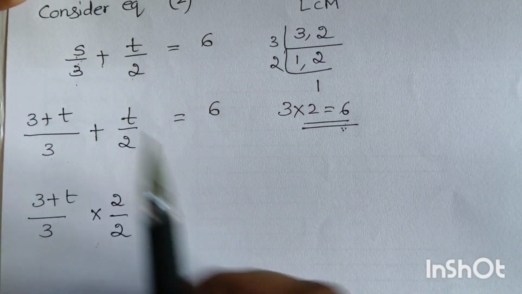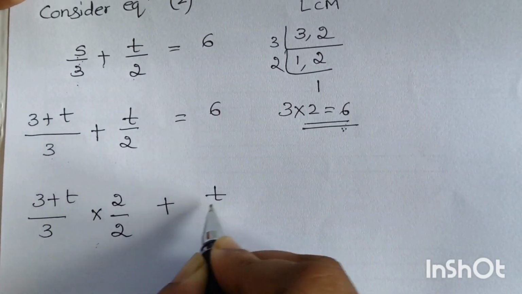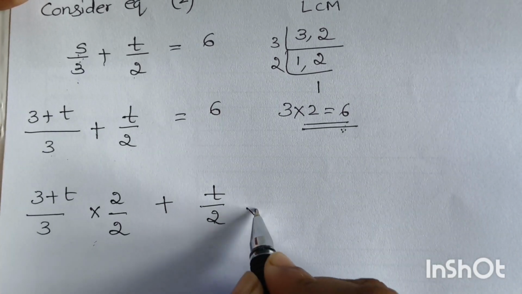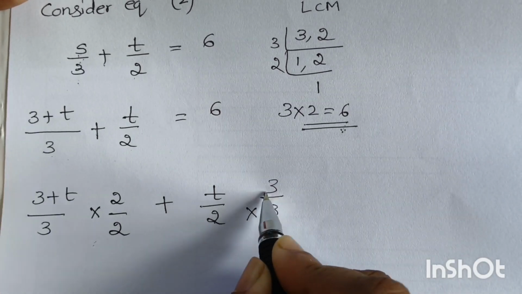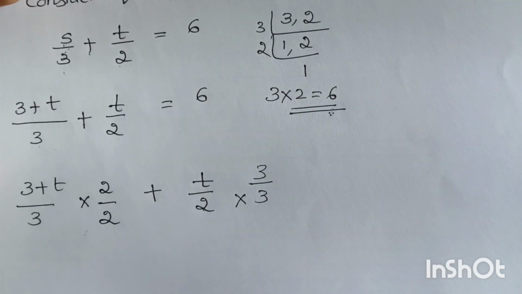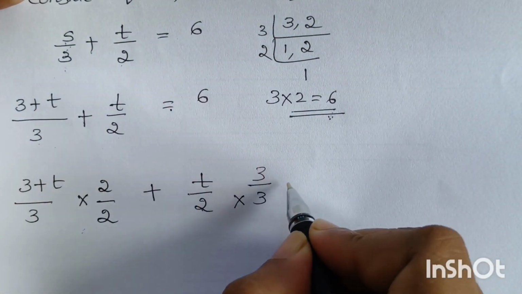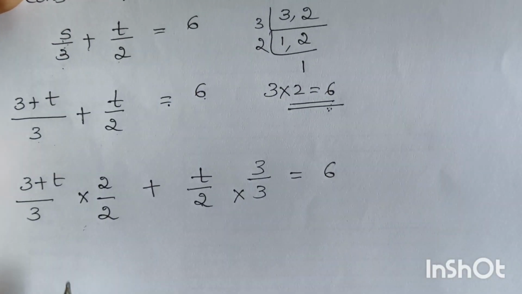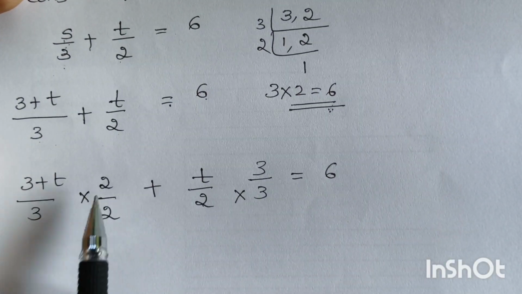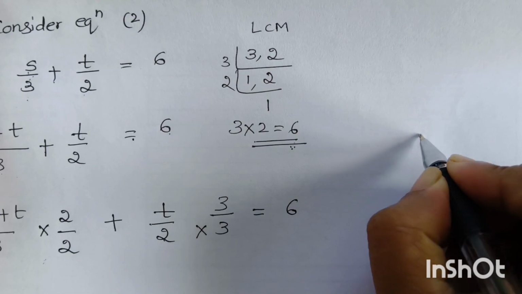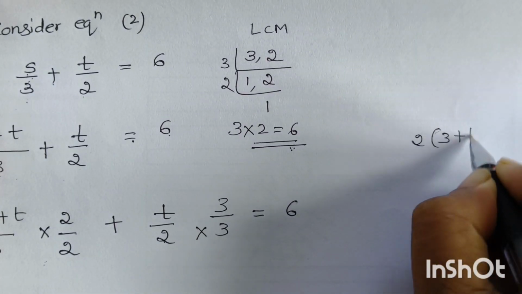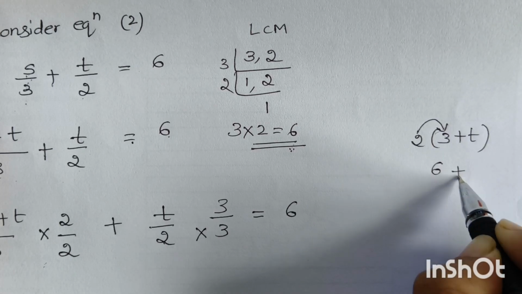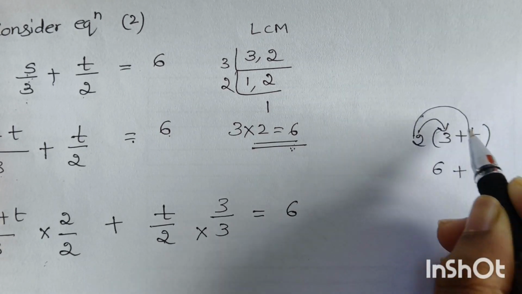Plus t by 2. Then to make this 2 as 6, we have to multiply by 3 both the denominator and the numerator. Is equal to 6. Now see here, 3 plus t into 2 is how much? 2 into 3 plus t is 2 threes are 6 plus 2 into t is 2t.